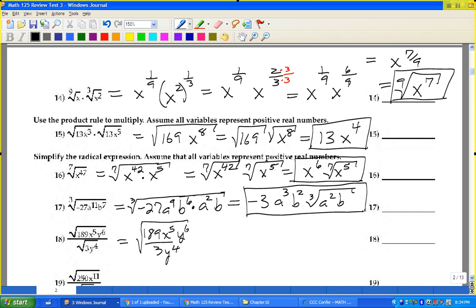Since I have the square root of a quantity divided by the square root of this quantity, by the properties of exponents, this is the same as the square root of those two quantities divided by each other. And so 189 divided by 3 is 63, x to the fifth. Y to the sixth divided by y to the fourth, 6 minus 4 is 2. So y squared.